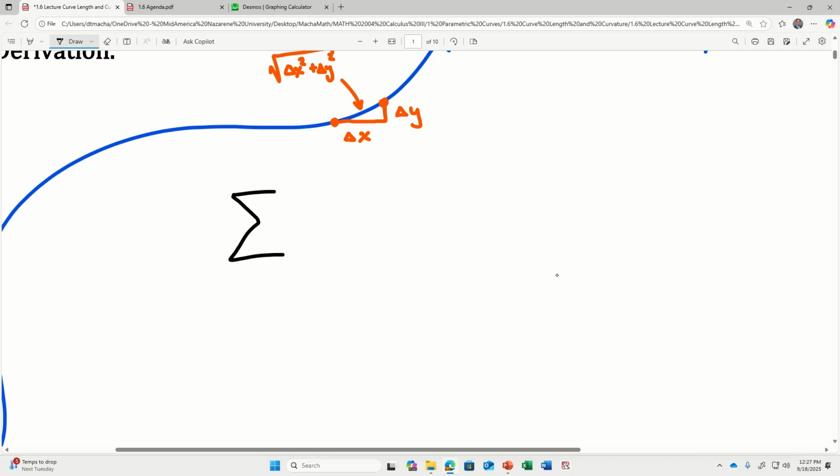And so we use that capital Greek letter sigma to say we're going to add everything up. You already knew that. You have taken calculus too, so you know what that means. We're going to add up all of the little line segments that look like the square root of delta x squared plus delta y squared. And then I'm going to multiply times delta t over delta t.